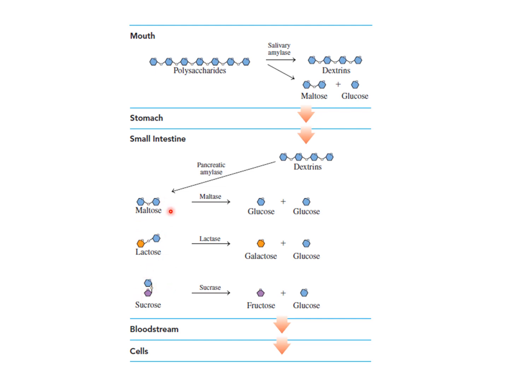Now, these disaccharides will be correspondingly broken down into their simplest form, the monosaccharides. Maltose will be acted upon by its enzyme, maltase, to be broken down into glucose and glucose, while lactose will be acted upon by lactase.